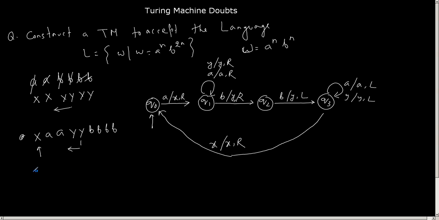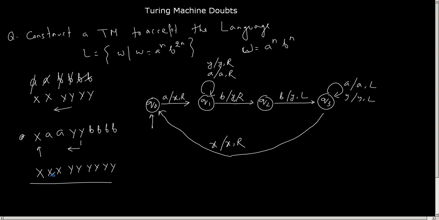If that is an A, then the automaton will recursively move in this fashion to process the things. Now if all the A's are consumed, what will happen? Then I'll have X X X Y Y Y Y Y Y. So what do I need to check now?